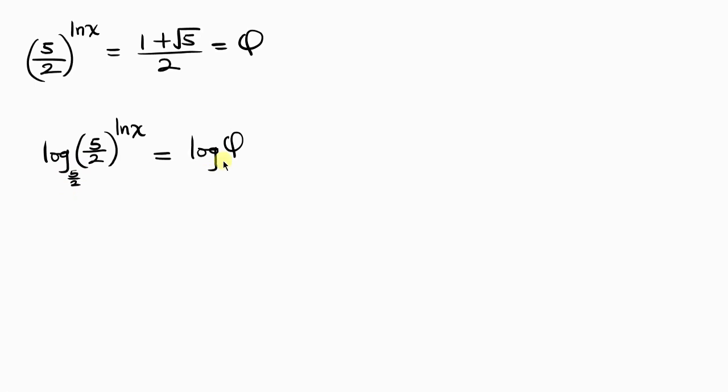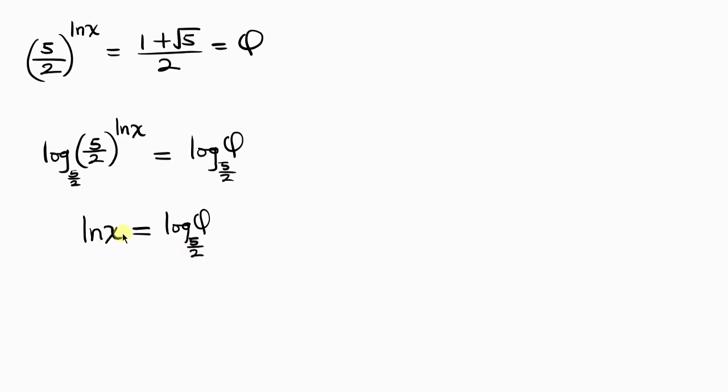You see that? So I'm going to be doing the same thing here, 5 over 2. That's the log of the base. And as long as the base and what I have here are the same, they can go off, leaving just ln x to be equal to log of the golden ratio of base 5 over 2.